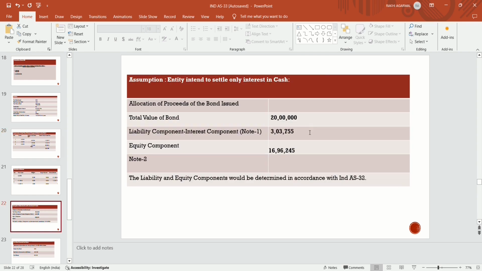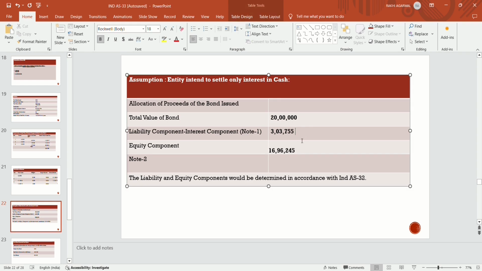Liability component, that is the interest component, is 3 lakh 3,755. The equity component is 20 lakhs minus 3,03,755, which becomes 16,96,245. That is the equity component. The liability and equity components would be determined in accordance with Ind AS 32.